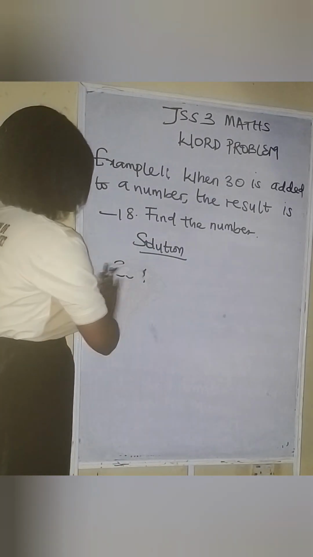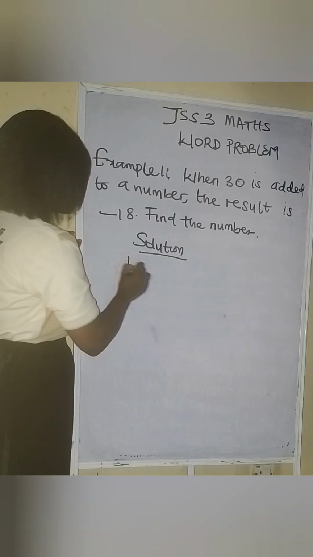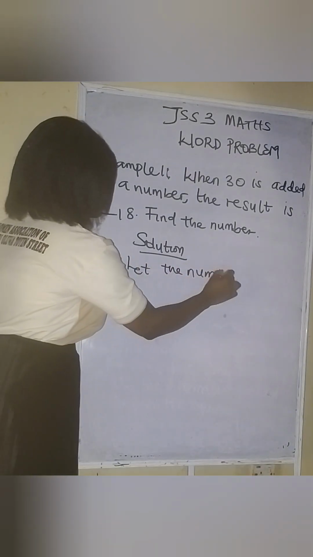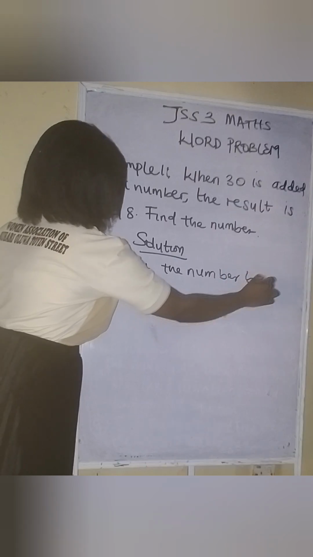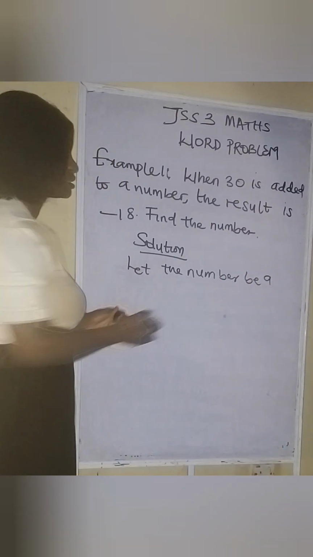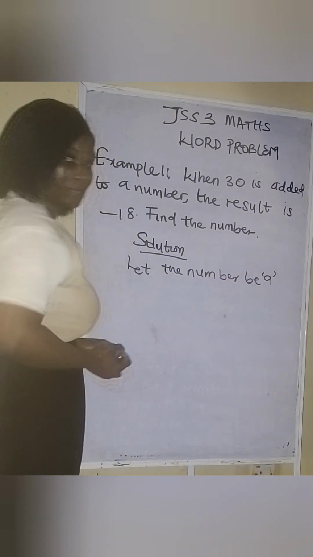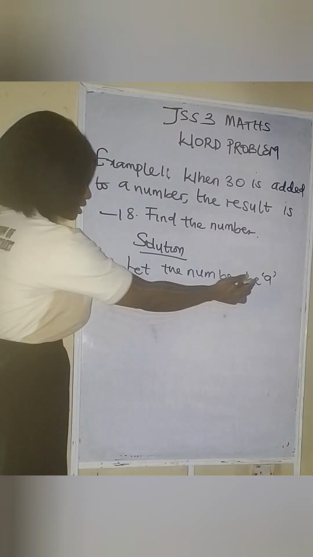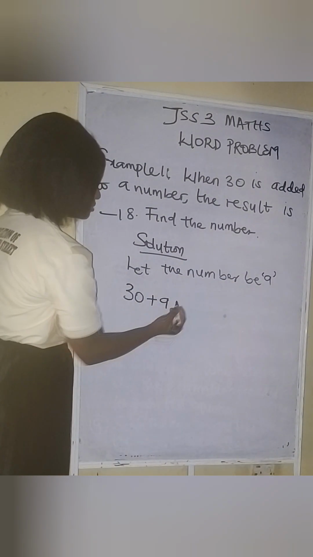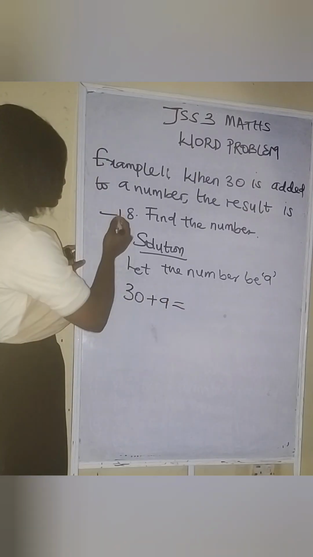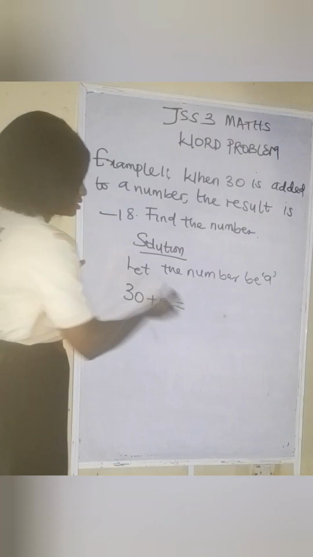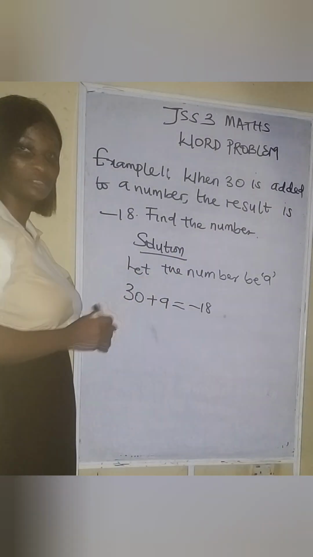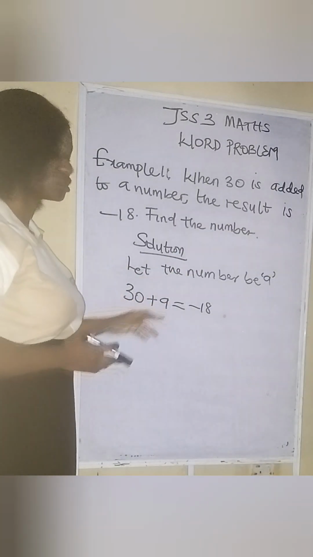So say let the number be A, alphabet A. Now when 30 is added to a certain number, which is A, the result, meaning equals to, is minus 18. We have to find the number, which is A, the unknown number. That is what we are looking for.